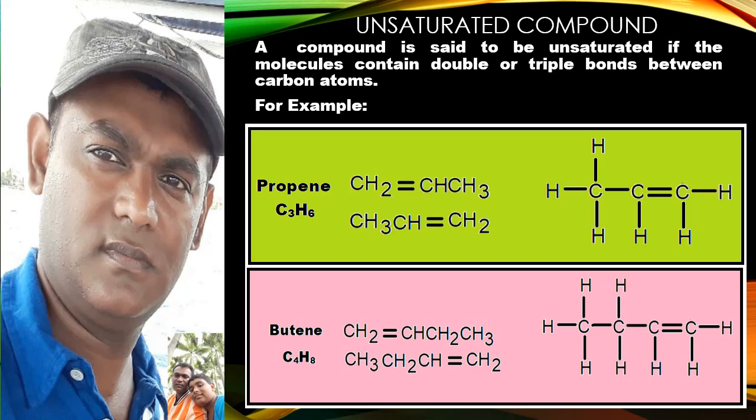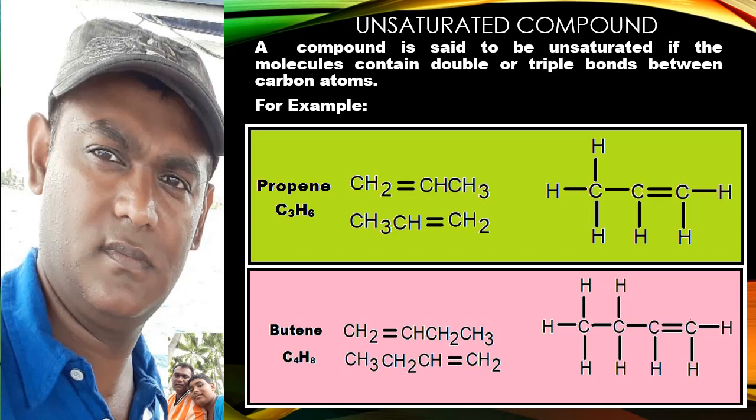The third carbon atom is attached to the second carbon atom by a single bond, whereas it has a double bond with the fourth carbon atom. In between the carbon-carbon atoms, it has a total of 3 bonds.